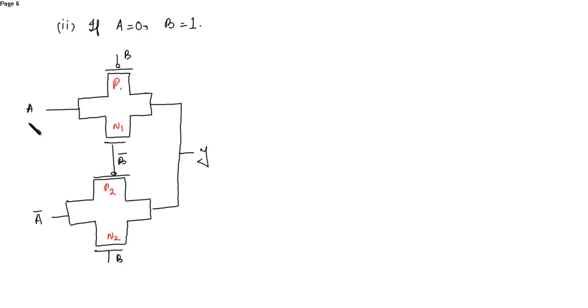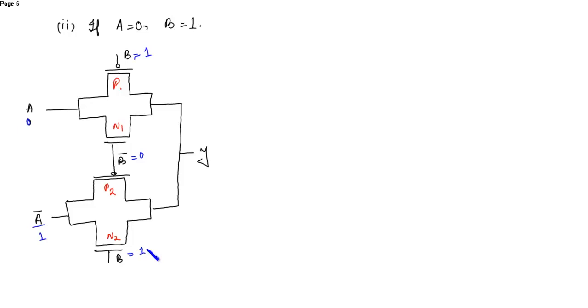So now here A is 0, A bar is 1. Okay. Here A is 0, A bar is 1, and B has the value 1, B bar is 0. This is again equal to 1.